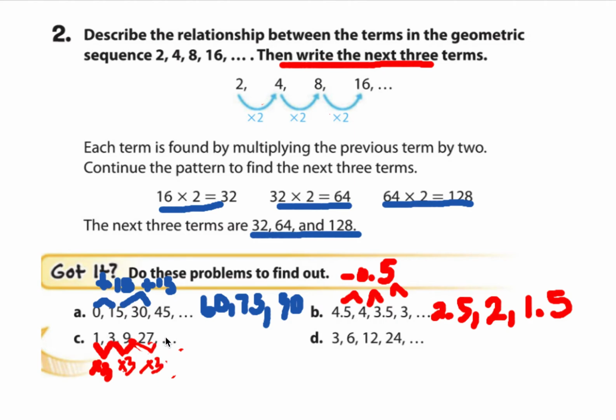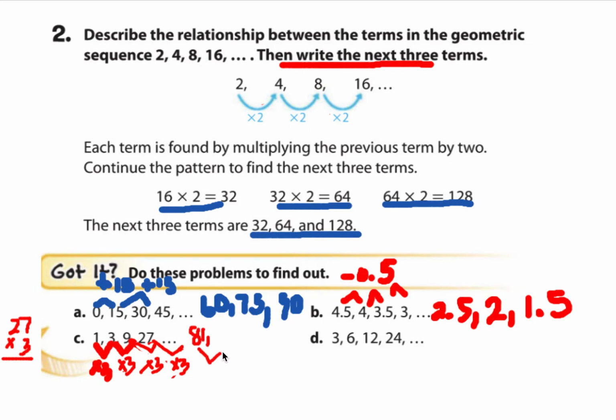Now we continue the pattern. 27 times 3, of course you can do your work out here because you might not be able to do this in my head. You would work it out on the side. I'm not going to do all of these because that would take forever. So you would end up with 81.